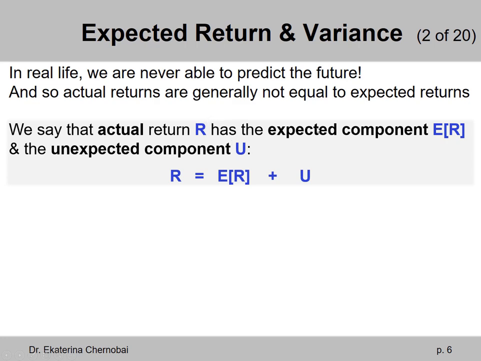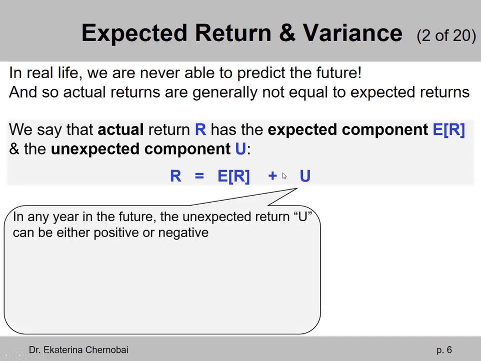What we thought it would be, or the expected component, E, and in the brackets R. And the second component is what we did not expect to see, the unexpected component, which we denote by capital U. So mathematically, it's as if we have R, that's the actual return, equals E in brackets R, expected return, plus capital U, the unexpected return.